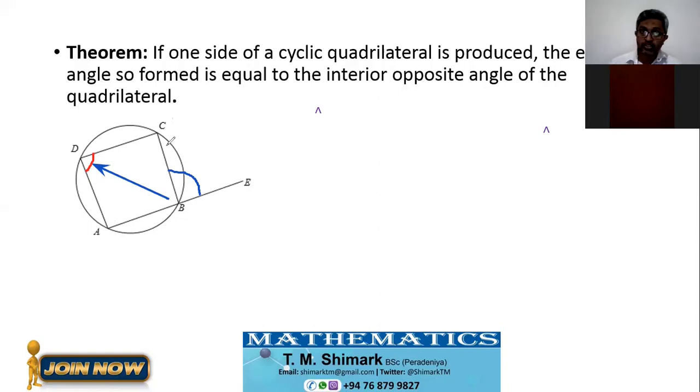What are the conditions here? You just have to concentrate on the conditions. One thing is it must be a cyclic quadrilateral. And one side has to be produced like this. You can see it is produced, that means extended as a straight line.